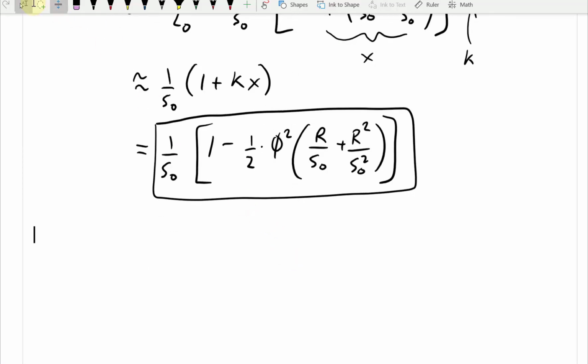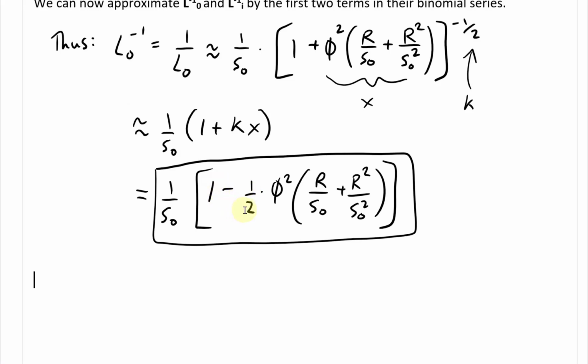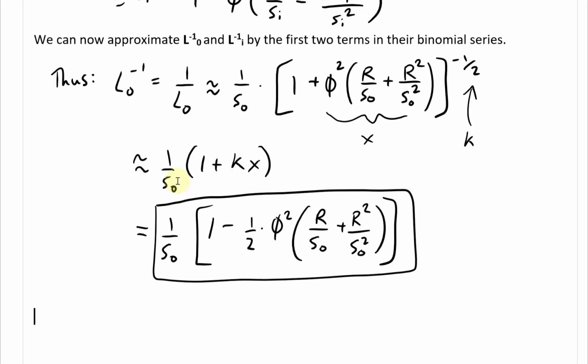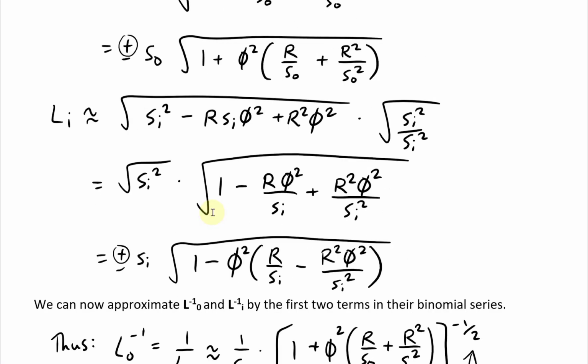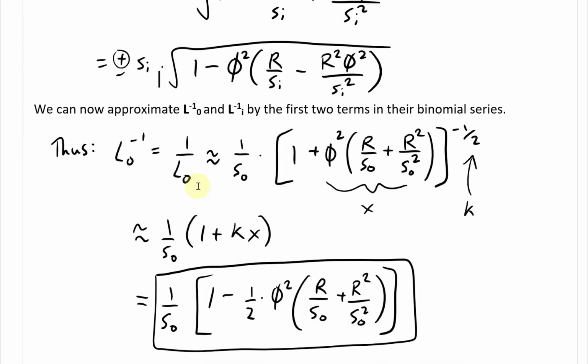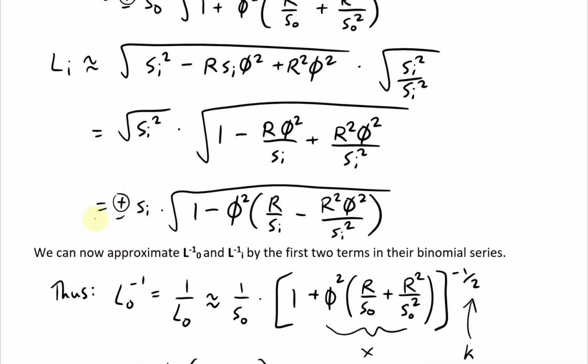And now we can do the exact same thing for Li. So let's do the same thing with this one. Alright, let's continue. So for Li to the power of negative 1, which equals 1 over Li, let's flip this all upside down.